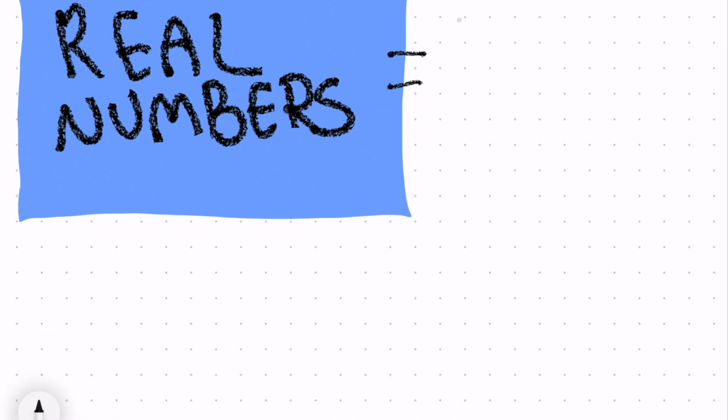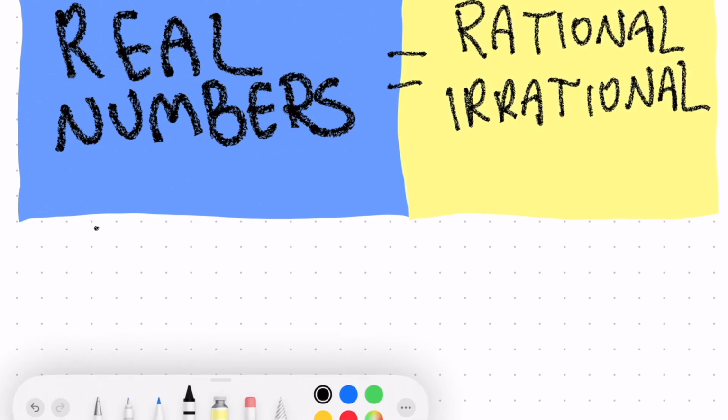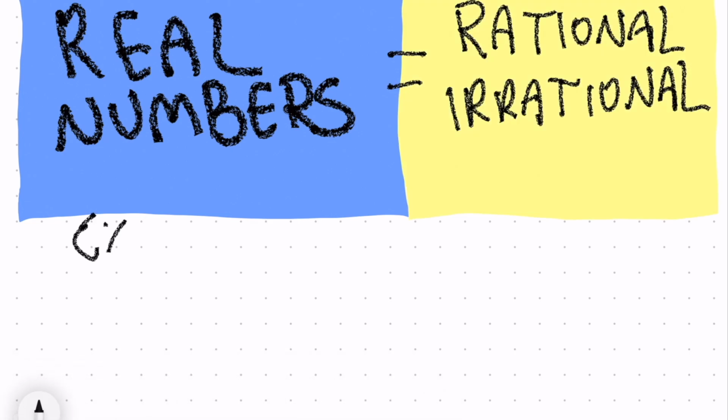Now, let's take a look at real numbers. Real numbers include both rational and irrational numbers. Let's look at a couple specific examples.